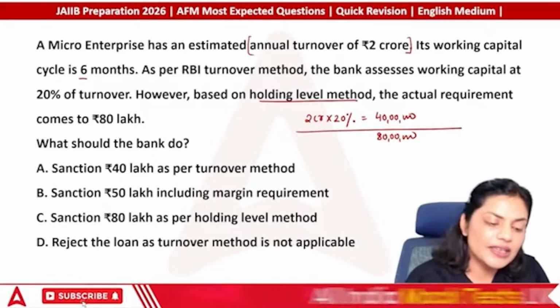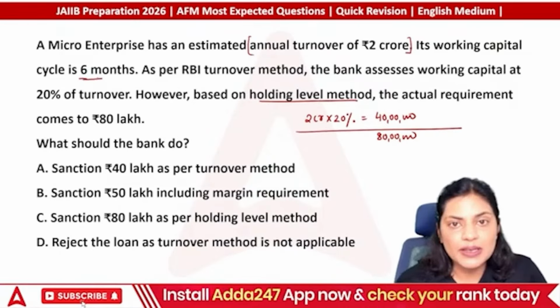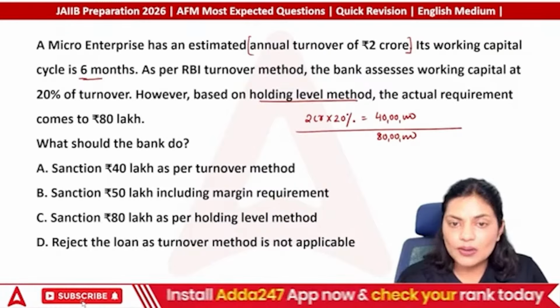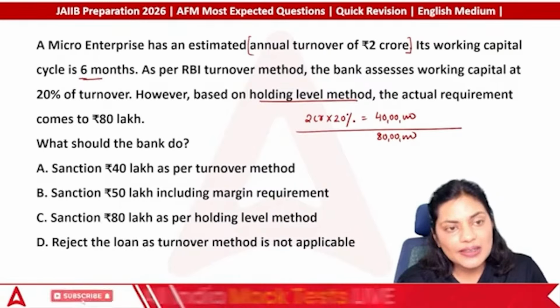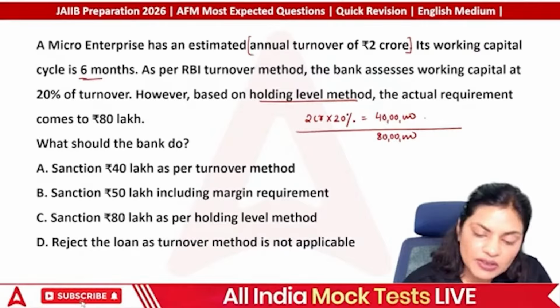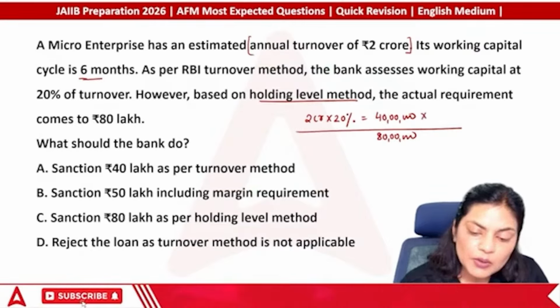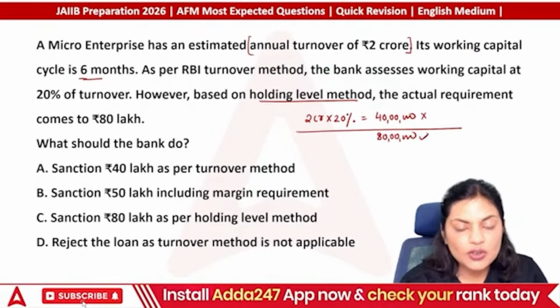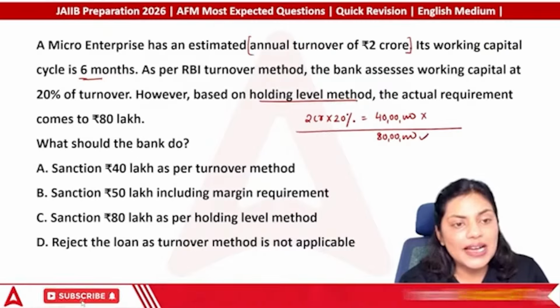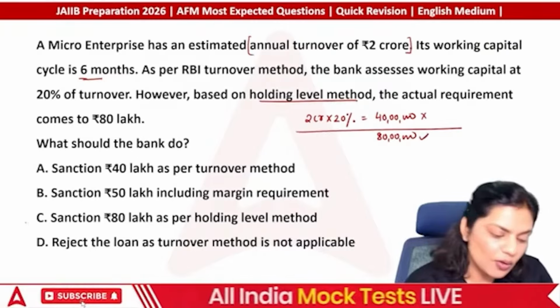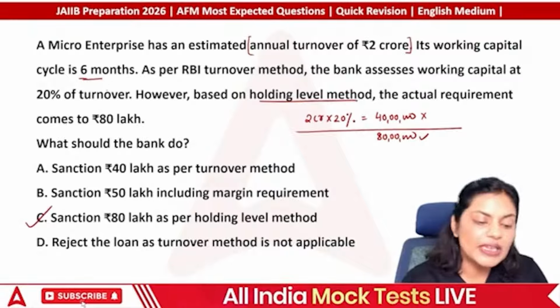Like in this case, the working capital cycle is 6 months. That is why this is going wrong. So in this situation, instead of following the annual turnover method, the bank should finance it as per the 80 lakh or holding level method, because here the working capital cycle is longer.